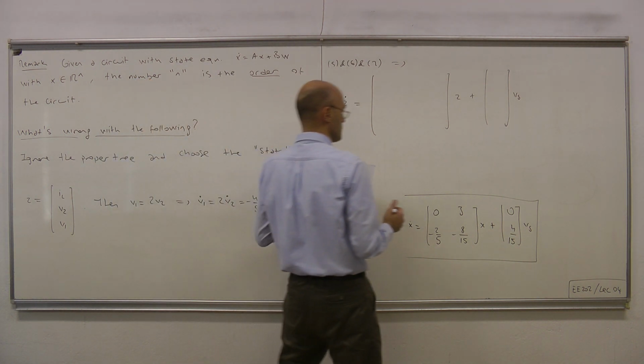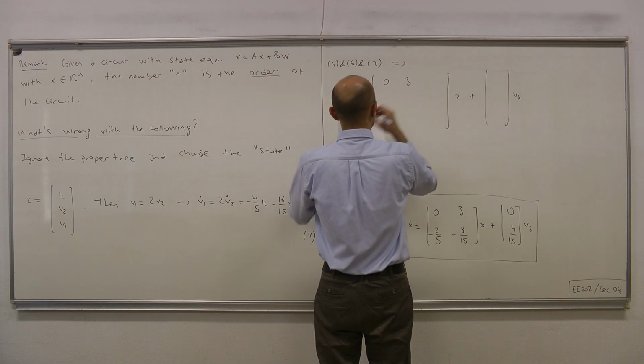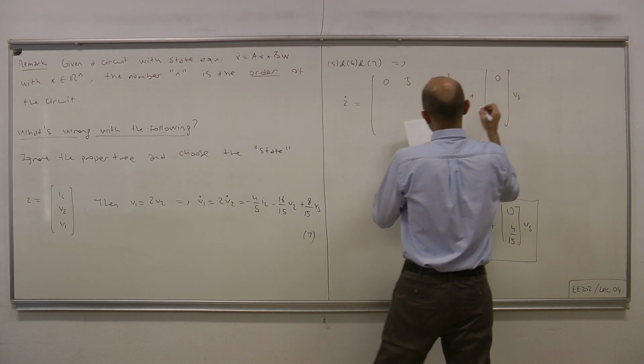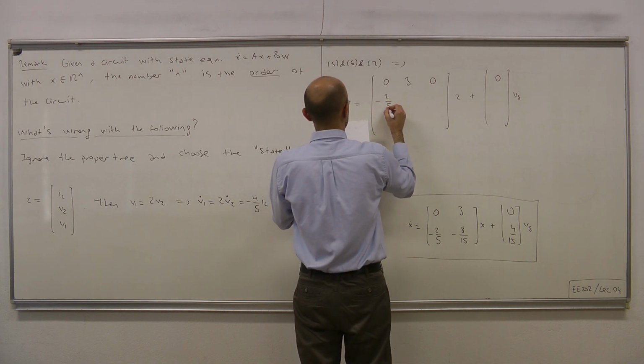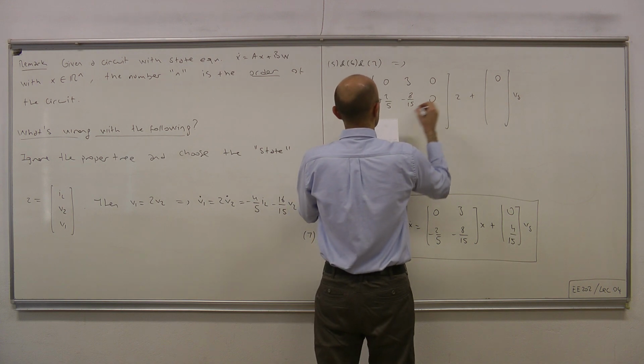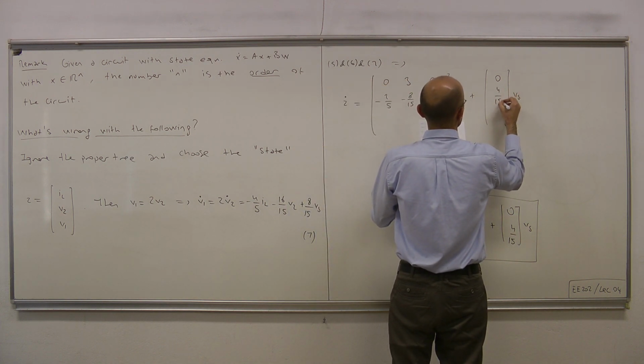Z dot equals 0, 3, 0, 0, minus 2 over 5, minus 8 over 15, 0, 4 over 15.